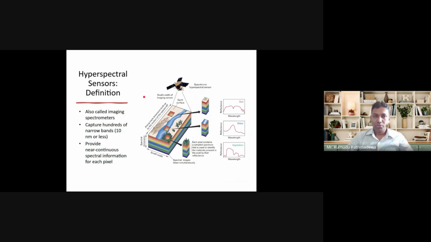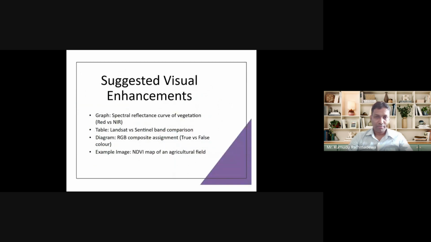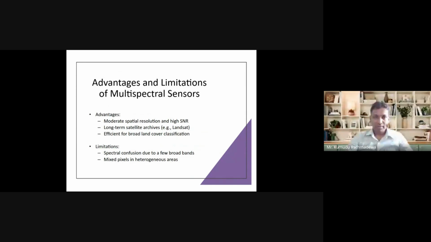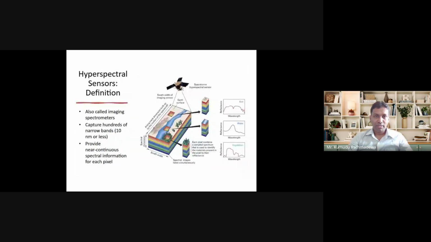Why do we do this? Because in multispectral we have a few problems. One that we called earlier is spectral confusion. So to avoid this spectral confusion, we can use hundreds of layers, so we can clearly get this kind of continuous curve.